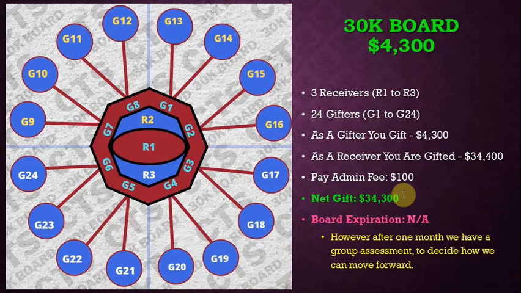And that's right. So if you want to put back the $4,300 in your pocket or wherever it came from, you have $30,000 extra in hand. Now this board does not have an expiration time. However, after 1 month, admin will have a group assessment and decide how we could move forward.